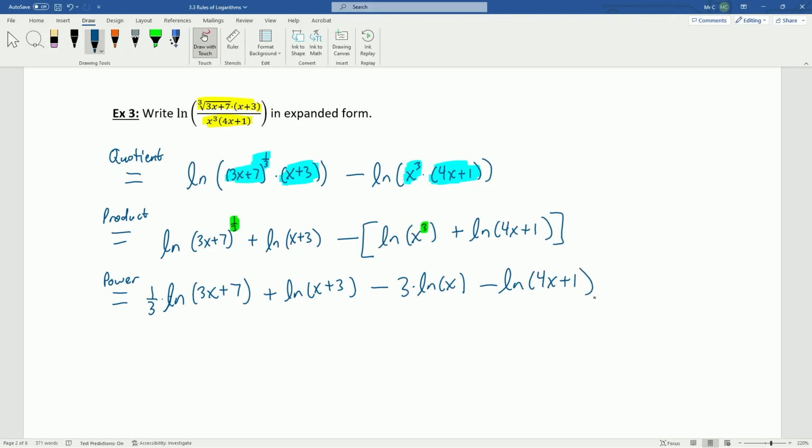And again, now I don't have any pure products or quotients or powers inside my logarithms. Again, this is a product of 3 times x, but the whole thing needs to be a product of two expressions. So since there's no factors here for the whole thing, we can't apply a product rule.